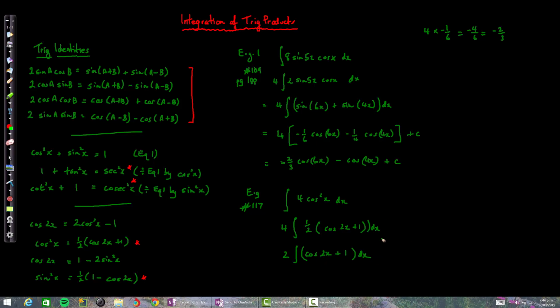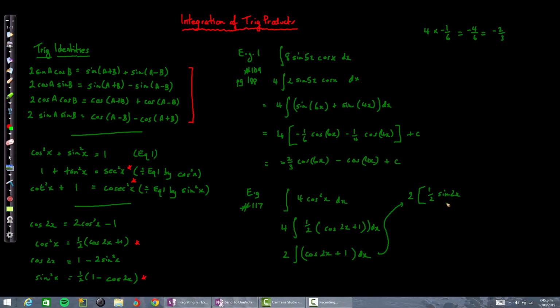Let's move the working up to here. Okay, so this will be 2 times, and now let's start integrating. So big square bracket, integral of cosine is sine, and once again because of the chain rule, it'll be a half sine 2x. Check that by deriving it, and you should get back to cos 2x.